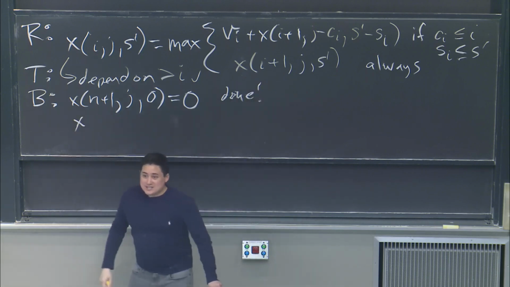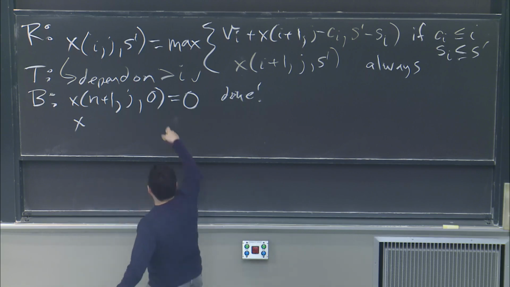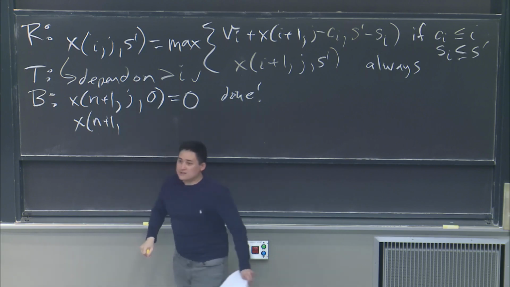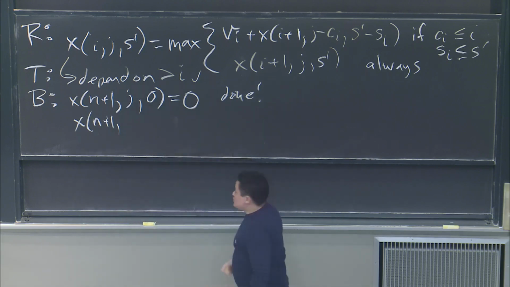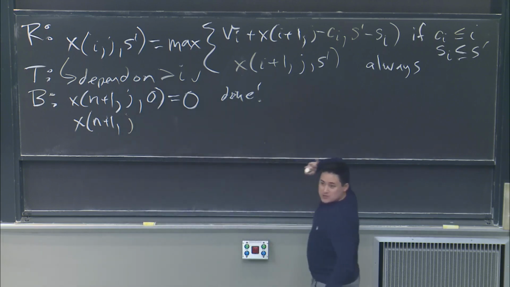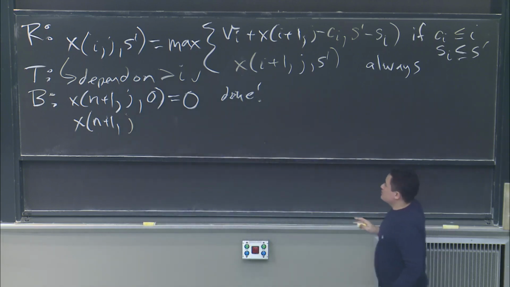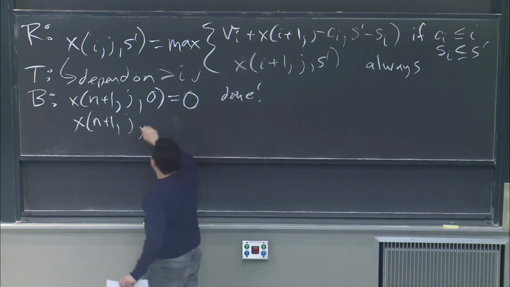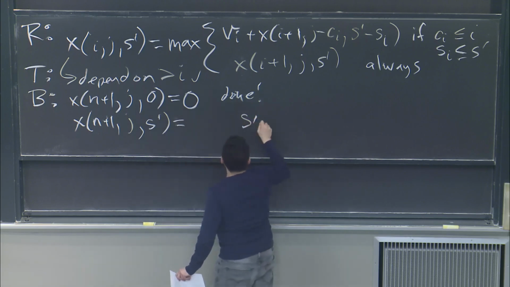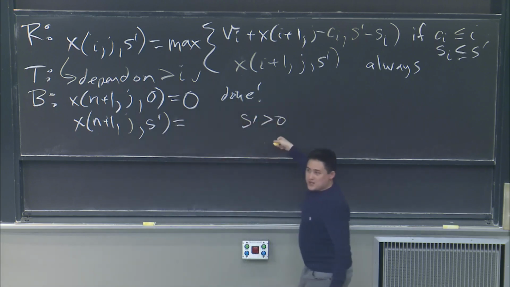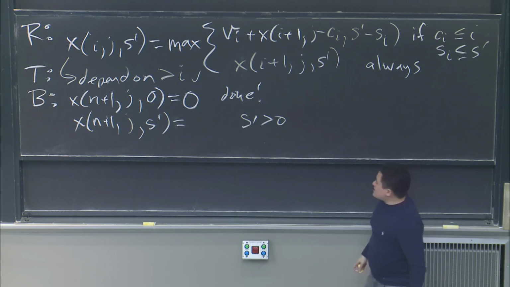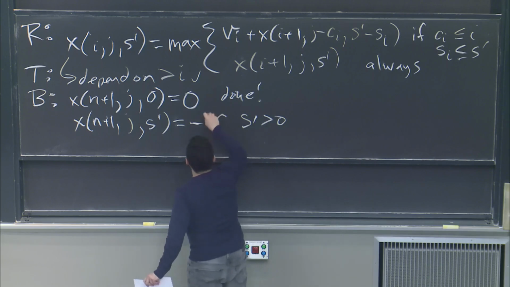OK, there's another base case. What's the bad base case? I get to the end. I'm always increasing i, and so I better be doing something on n plus 1. I got to the end. j, again, is going to always be non-negative, because we're always going to be in our calorie budget. But if this is anything other than 0 for S prime, what is that going to be? Minus infinity, right? I never want to be in this situation.